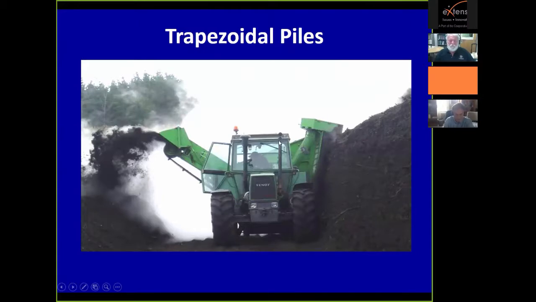So you are literally moving your entire pile about 8 to 10 feet in a lateral direction when you turn the whole pile. So you would turn one day and move the entire pile 8 to 10 feet. The next time you turn, you would approach the pile from the reverse direction and move it 8 to 10 feet back in the other direction. And that's essentially moving it back and forth across the site.